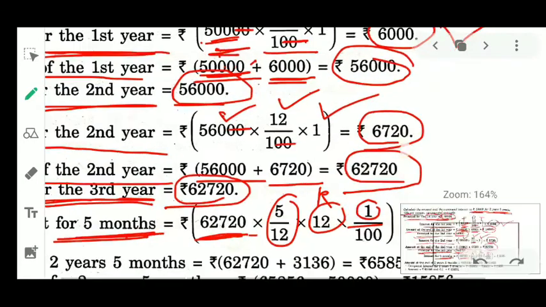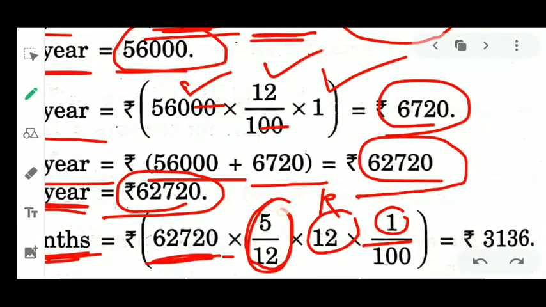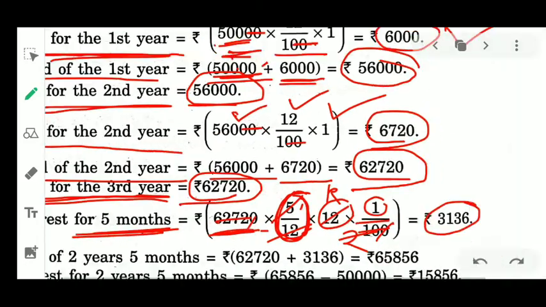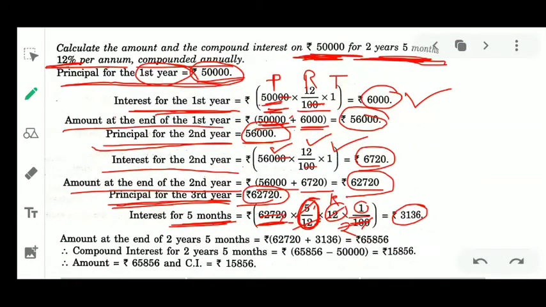Clear? 5 by 12 means 5 months out of 12 months. Okay, so now 12 will be cancelled here. Then the 0s, then 5 twos are 10, then 6,272 divided by 2 will give 3,136.